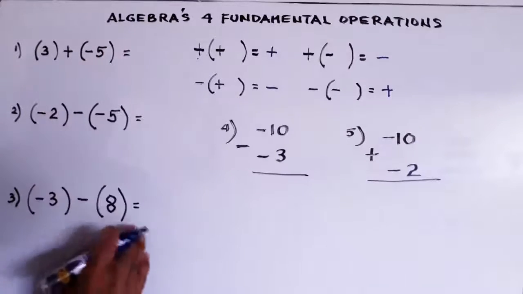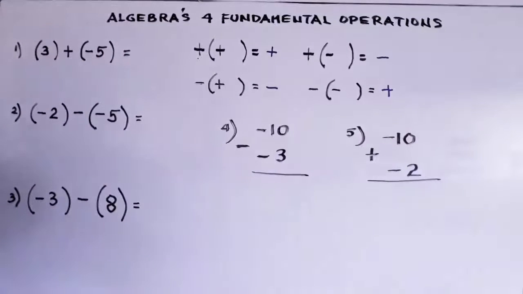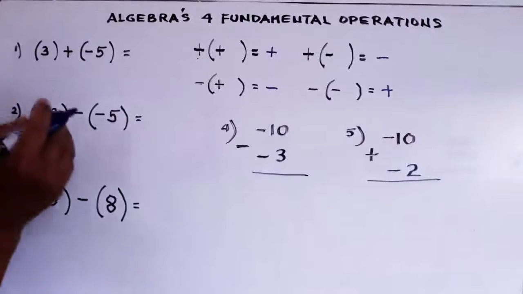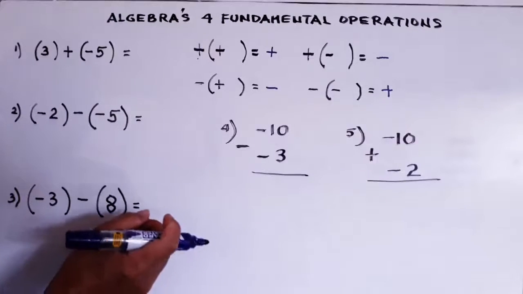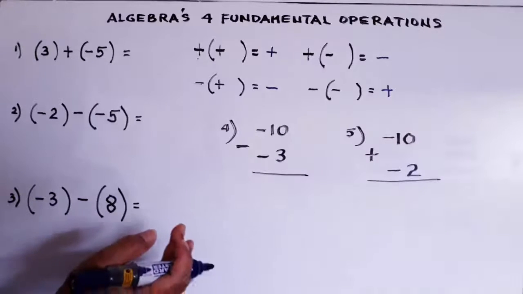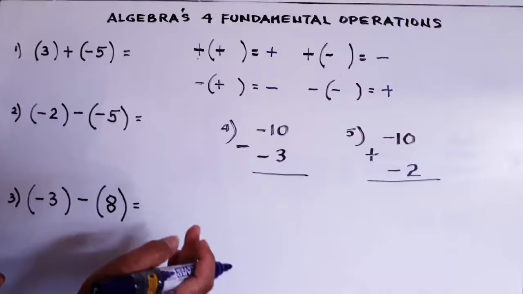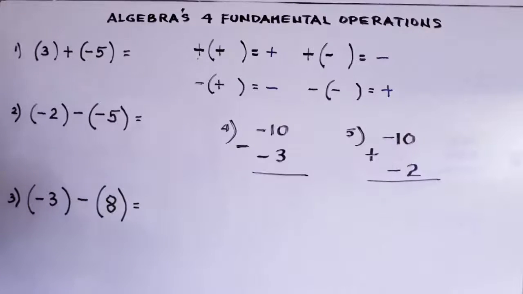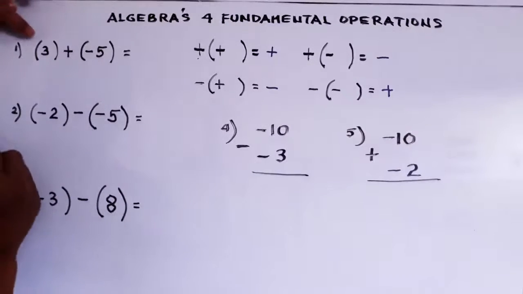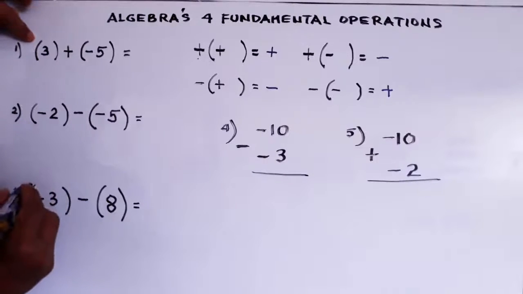Let us have concrete examples so you'll see the application of the technique that we are going to use. This technique is used when we have parentheses. When we don't have parentheses, we just apply what we have learned, that we combine like signs. Here, we will remove the parentheses, the bracket.